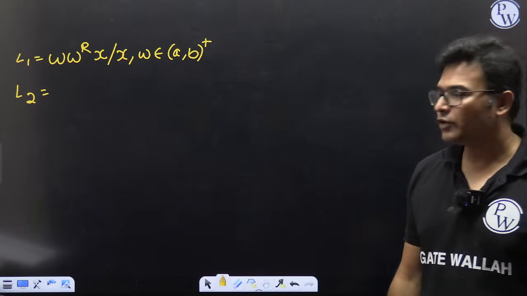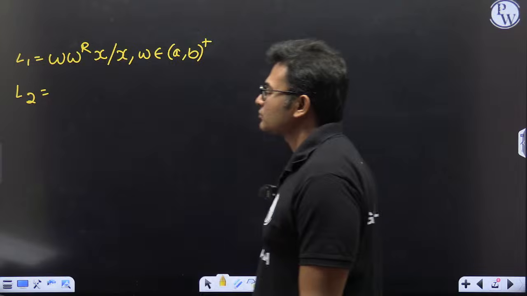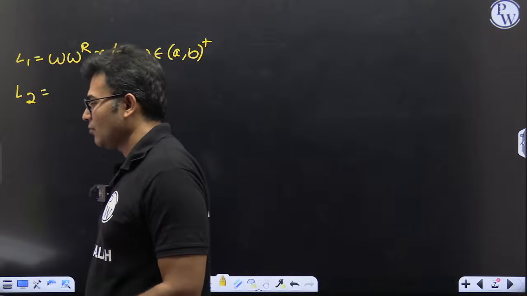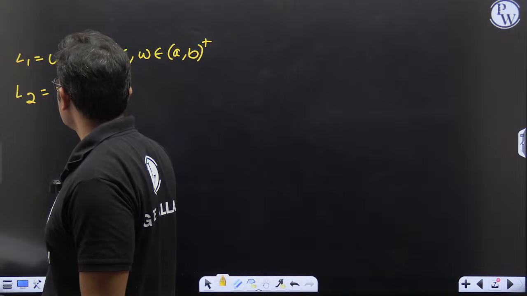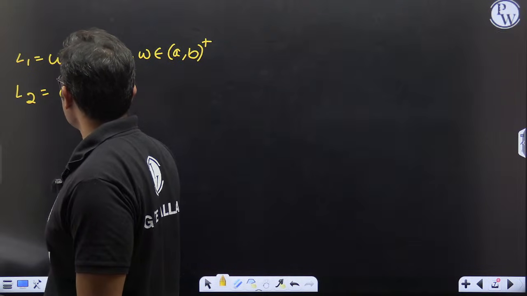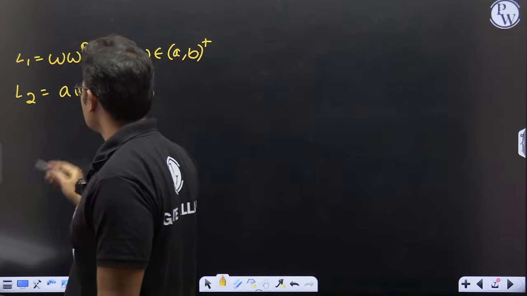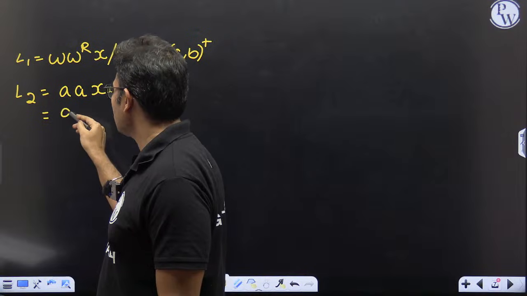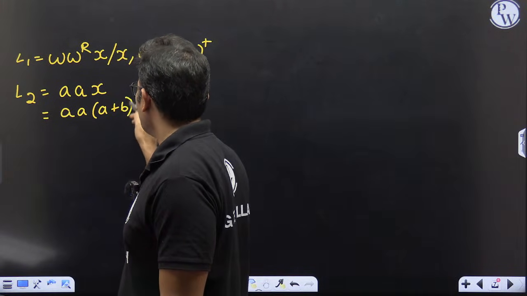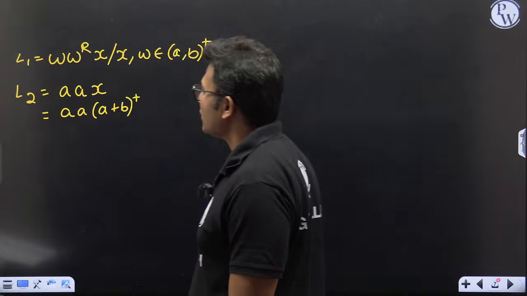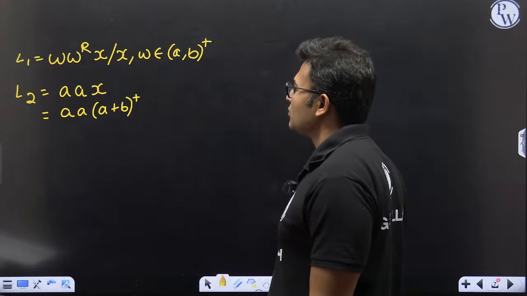So we are going to get a W^R x. And what is x? (a+b)+. So this is what we got for L2.